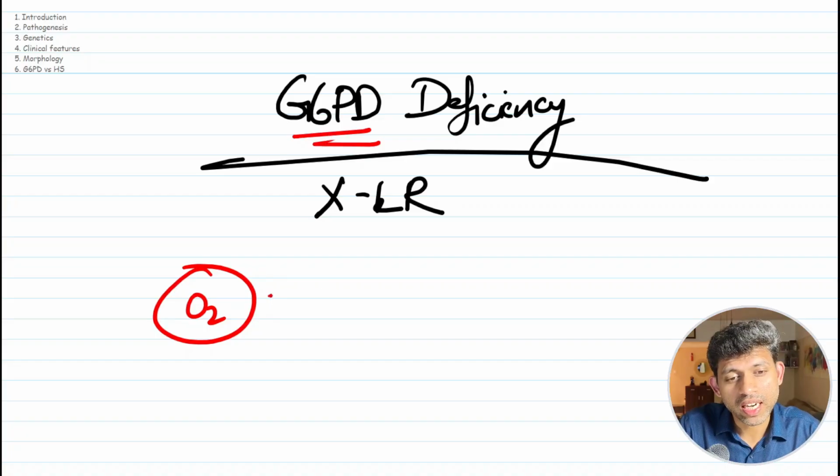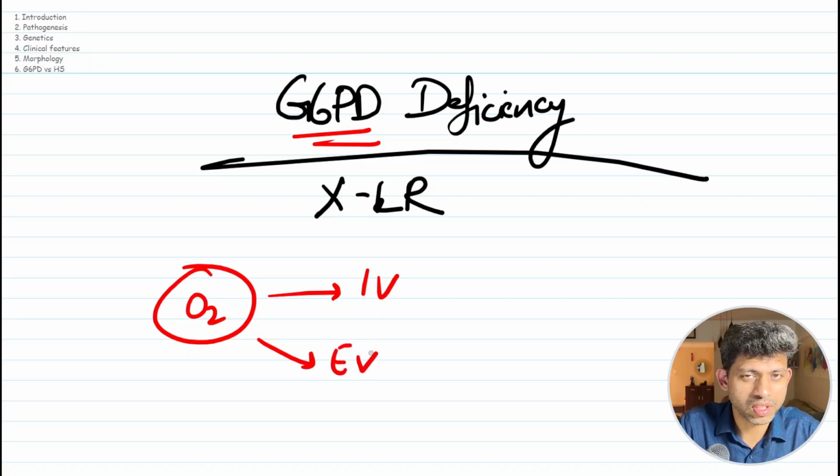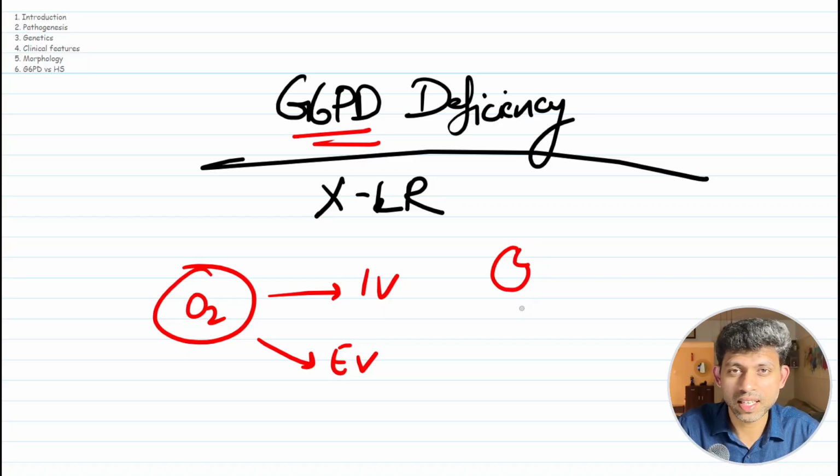This can lead to intravascular or extravascular hemolysis. And clinically, patients present with self-limited episodic hemolysis. In the peripheral smear, you get to see distinct cells like bite cells, blister cells, etc.